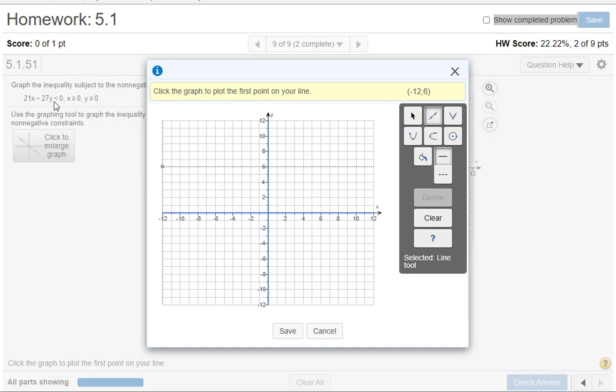Now my other part is going to be dotted, so I need to pick the dotted line. It goes through the origin. Now I need one more point. Let's see, what's something easy? That's going to give me y is 21 over 27.